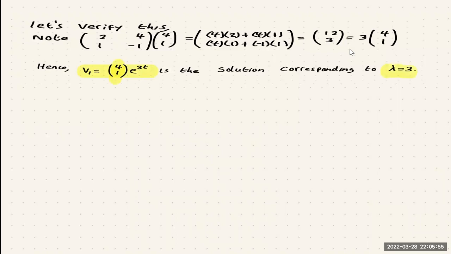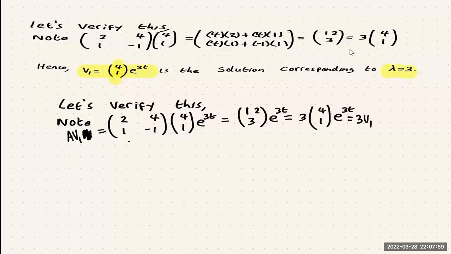Okay, so let's verify this. So our A times V1, well, here's my A matrix. I'll multiply it by my V1, which is (4, 1) e to the 3t. And above we did the matrix times the eigenvector.